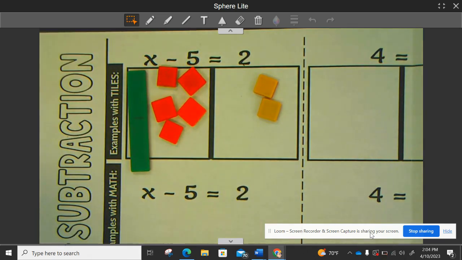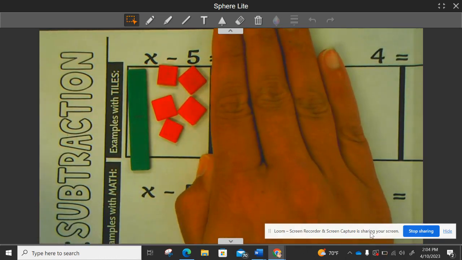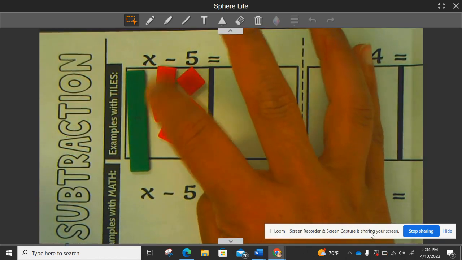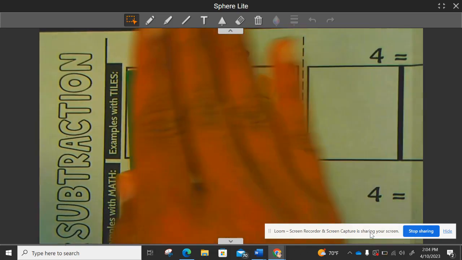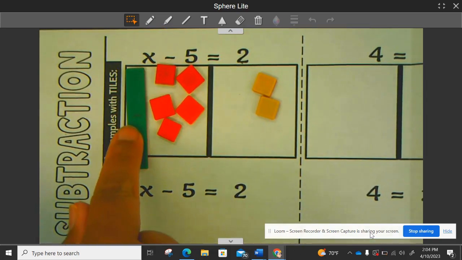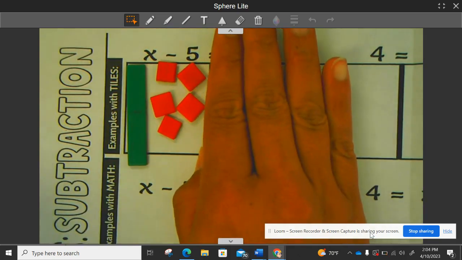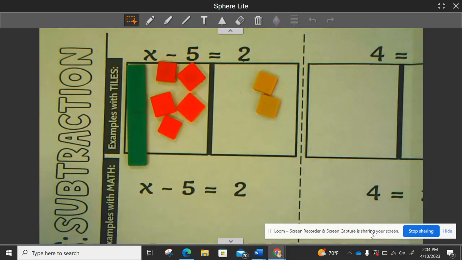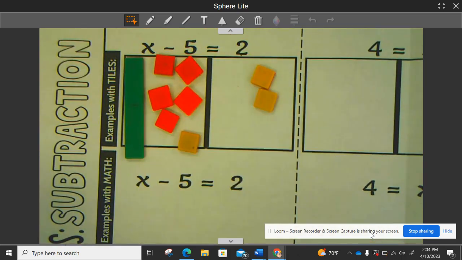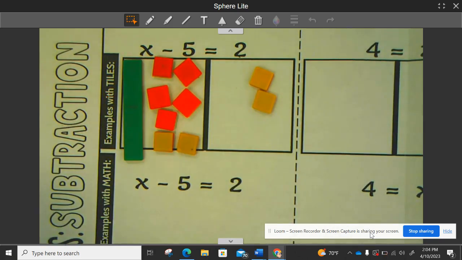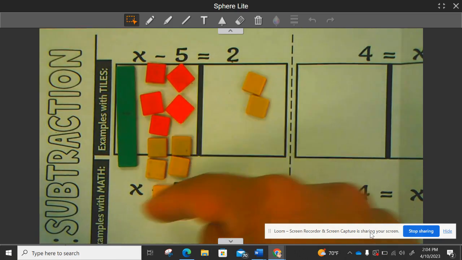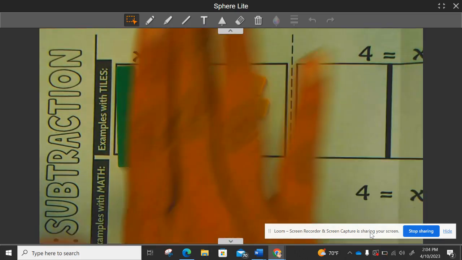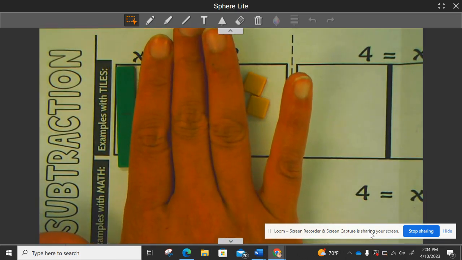So yesterday we talked about whatever side the variable's on, I need to look at that number, and I need to create a 0 pair to remove it to isolate the variable. So if this says minus 5, I will have to add 5. So that ends up with 0 pairs, isolating the variable.